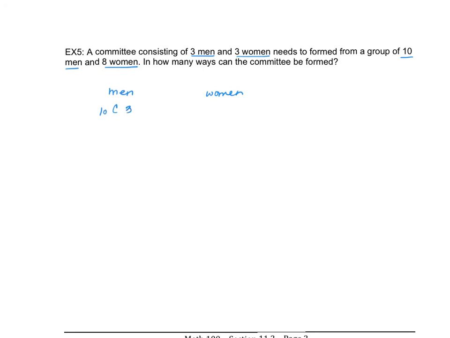And then with the women, I have a total of 8. It's still a combination. So out of the 8 women, I'm going to be choosing 3. Once I figure out how many items are in the group of men and how many items are in the group of women, then I go back to 11.1 and I just multiply these two together.